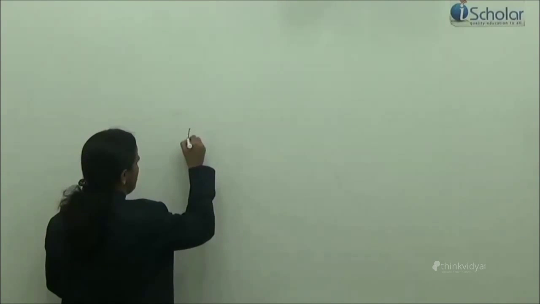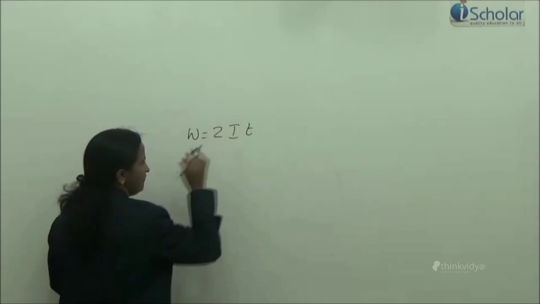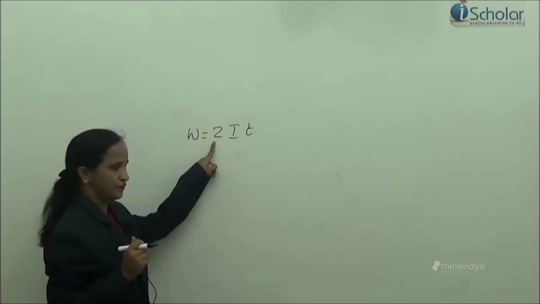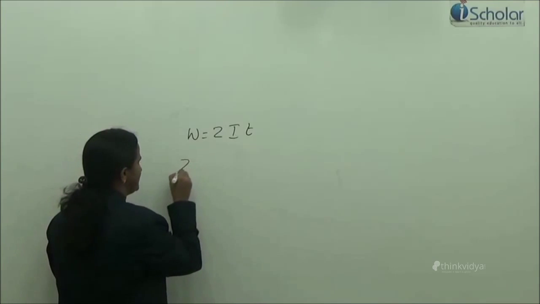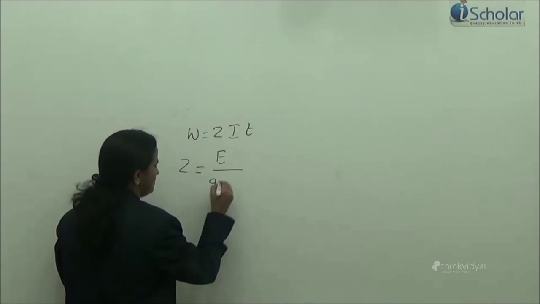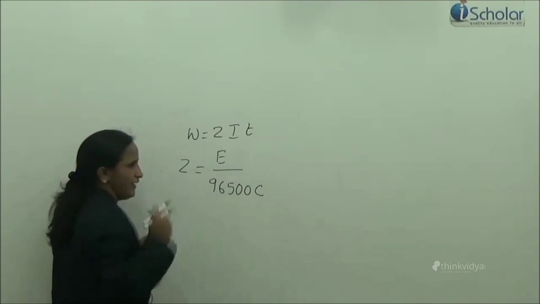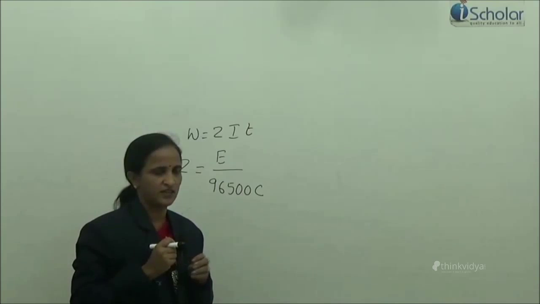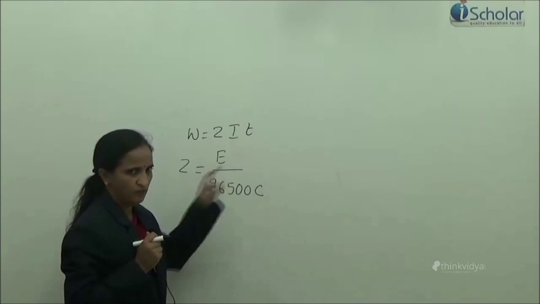The formula is given by W = Z I t, where Z is known as the electrochemical equivalent, and the electrochemical equivalent Z itself is given by equivalent mass divided by 96,500 coulombs, where the equivalent mass of a substance is given by the atomic mass divided by the valency.